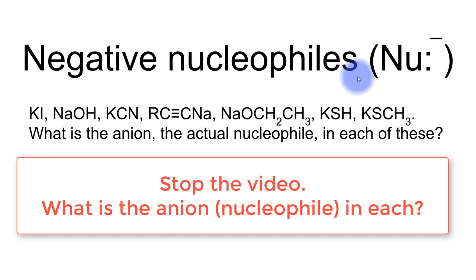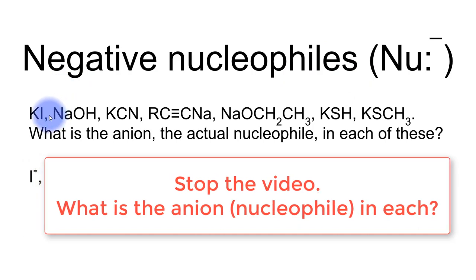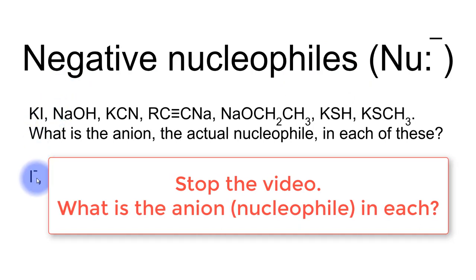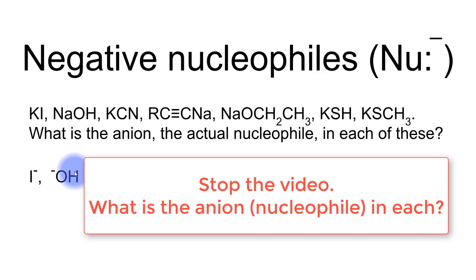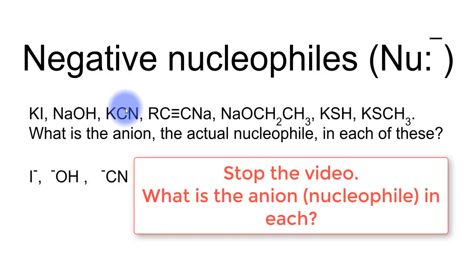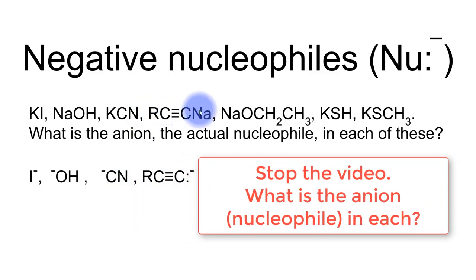So now I will reveal the answers. For KI, the negative is I minus. Sodium hydroxide, the negative is OH minus. Potassium cyanide, the negative is cyanide with a negative charge. Sodium acetylide, the negative is the acetylide anion with a negative charge.